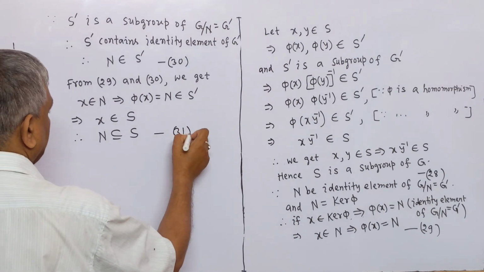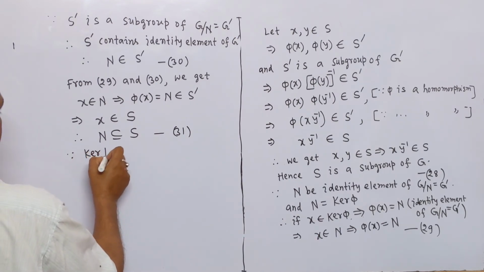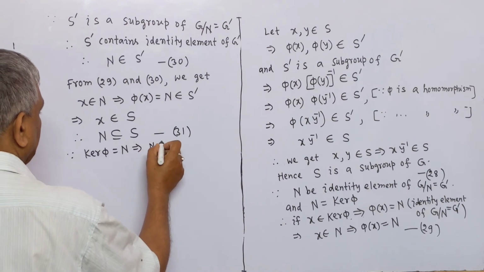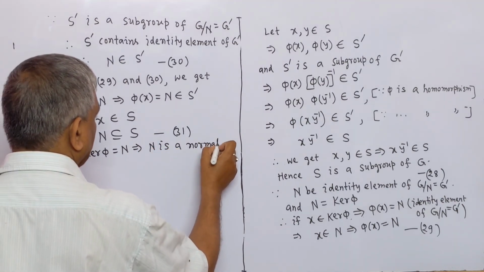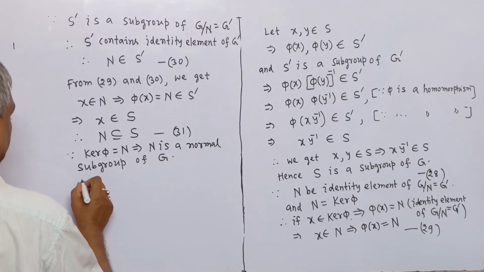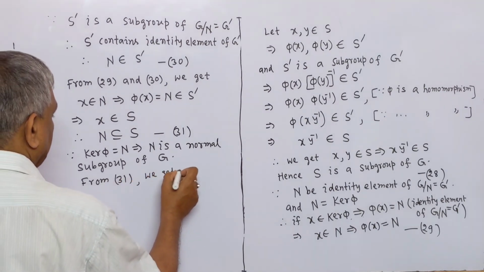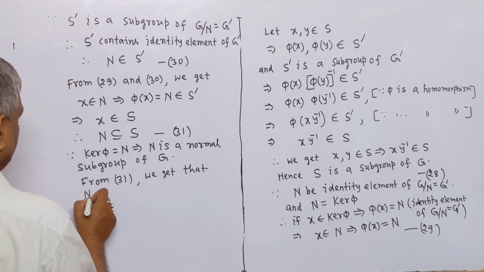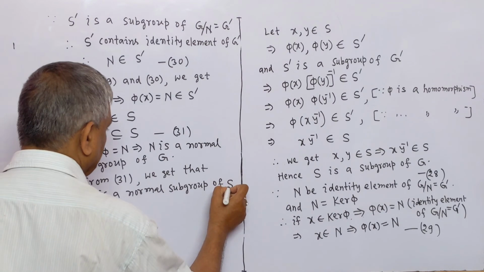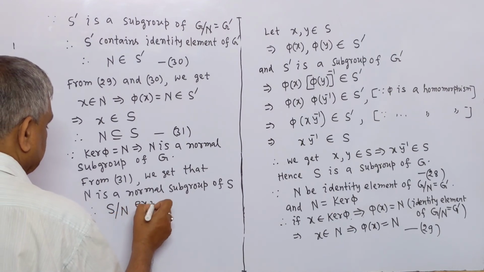This is 31. Since kernel of phi equal to N, implies that N is a normal subgroup of group G. From 31, we get that N is a normal subgroup of S. Therefore, quotient group S by N exists.